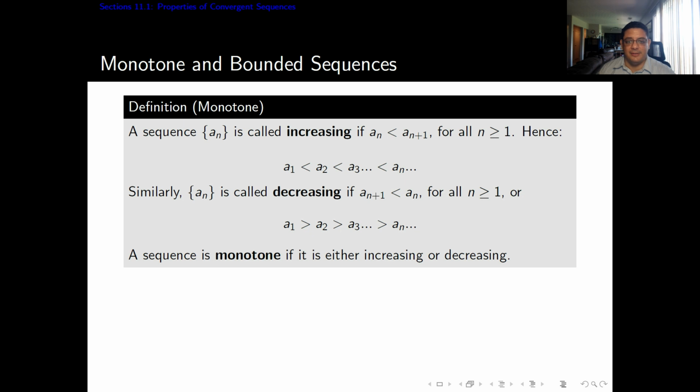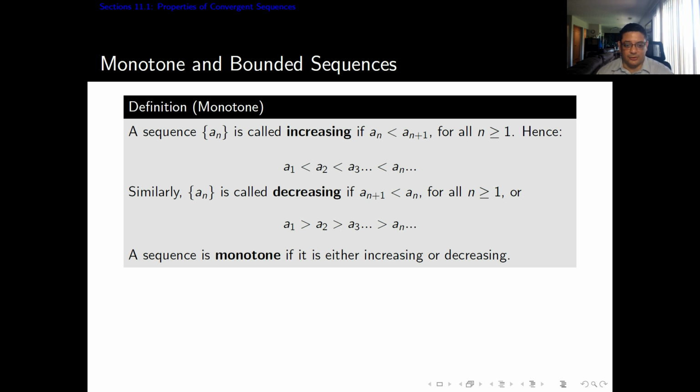In an increasing sequence, a2 is bigger than a1, a3 is bigger than a2, a4 is bigger than a3, and in general, a_n is going to be bigger than a_(n-1). That's an increasing sequence.